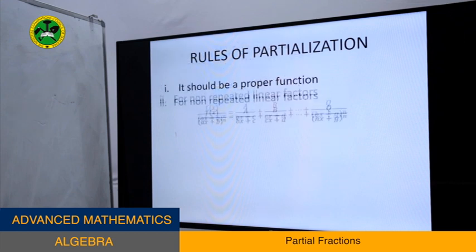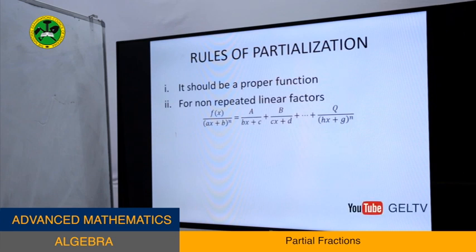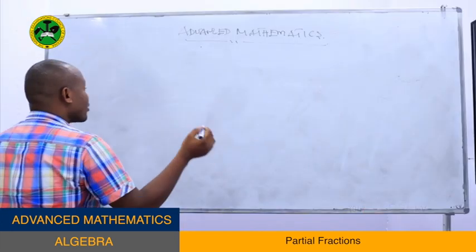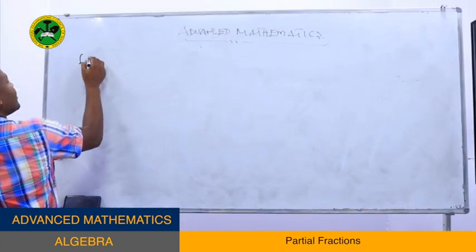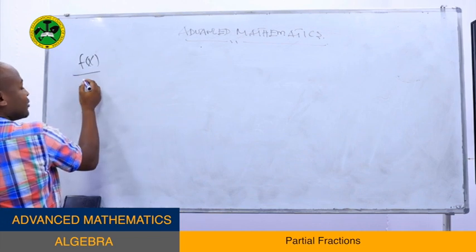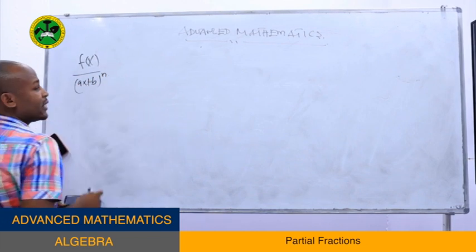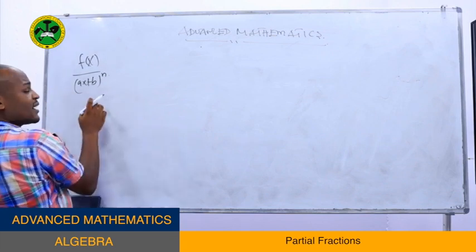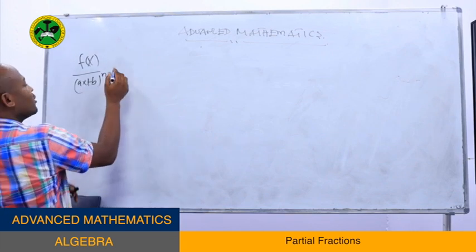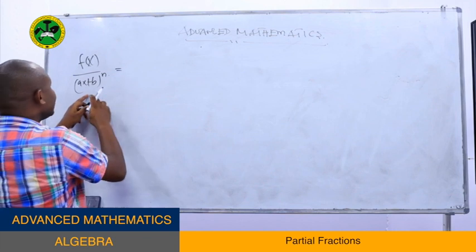And the second rule is for non-repeated linear factors. When I say that, I'm talking about this part: (ax plus b) raised to n. The factors I'm talking about are these ones. Now, for example, we have non-repeated linear factors.